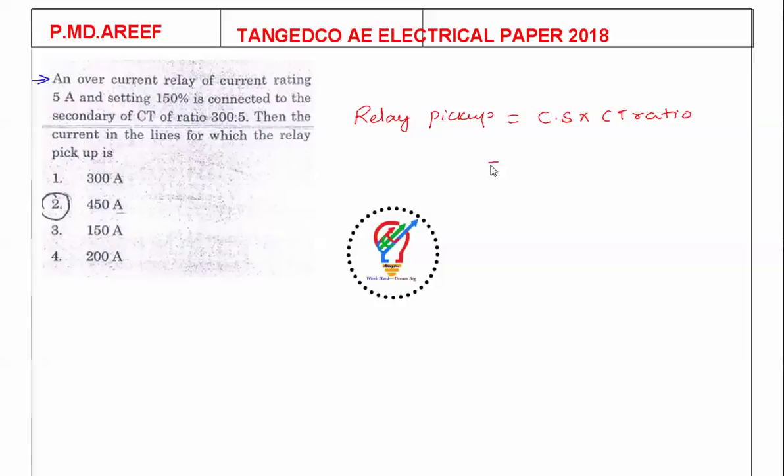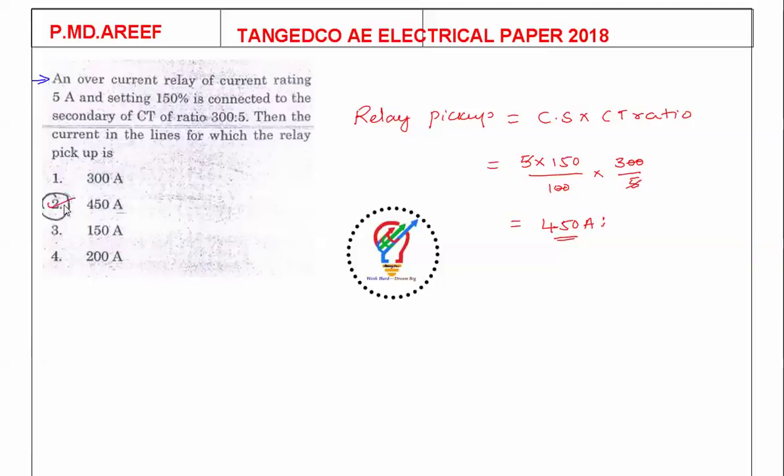As we know, the relay is set for 5 amperes, so 5 into 150 divided by 100, into the CT ratio 300 divided by 5. So 5 gets cancelled, 100 and 300 get cancelled. So 3 into 150 is nothing but 450 amperes, the answer for this question.